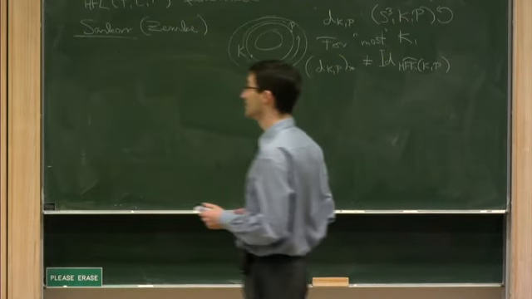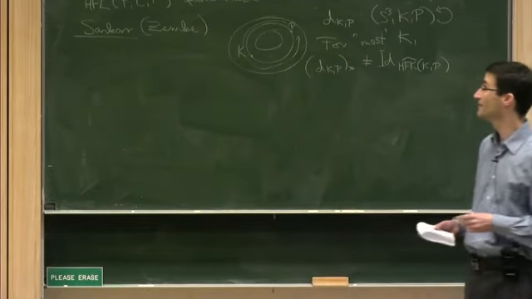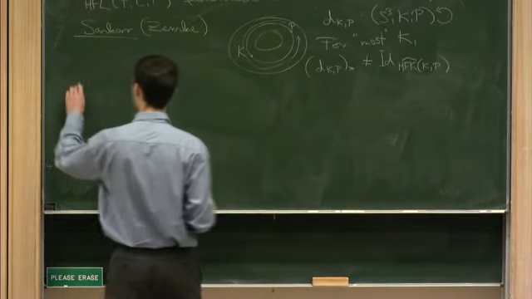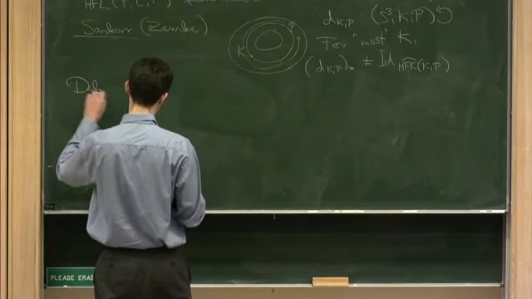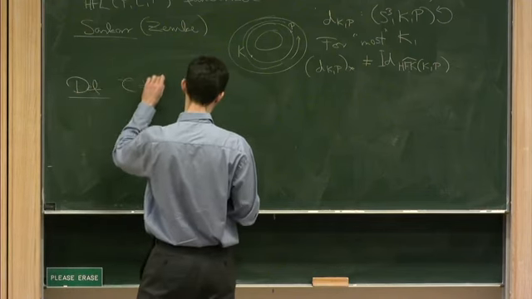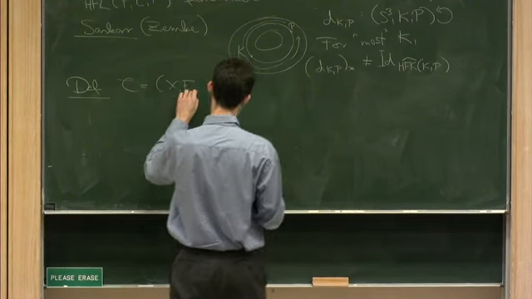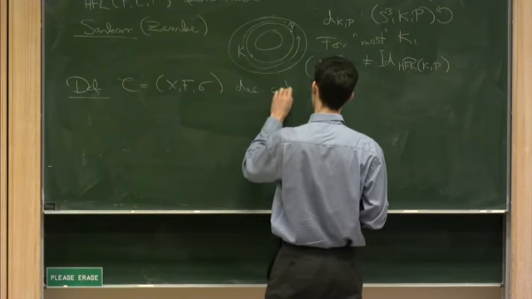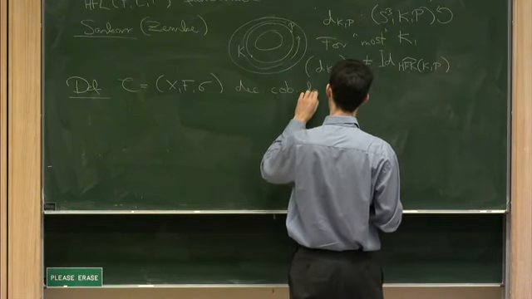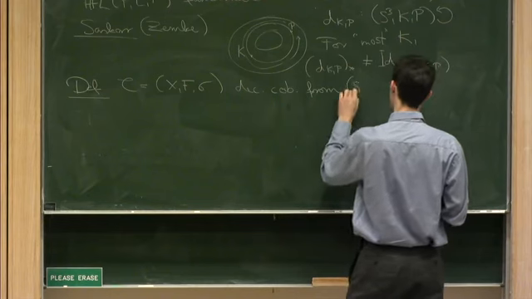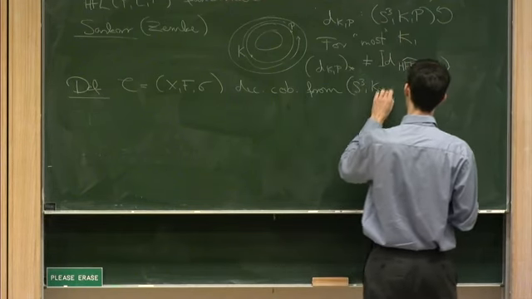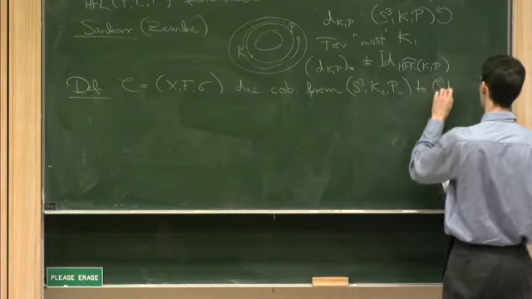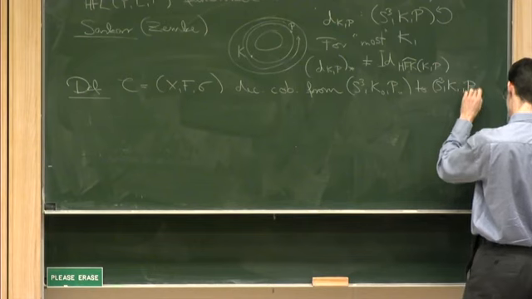Right, so let's look at a nice class of link cobordisms, namely concordances. So here's the definition. Let X, F, sigma be a decorated cobordism from S3, K0, P0 to S3, K1, P1.